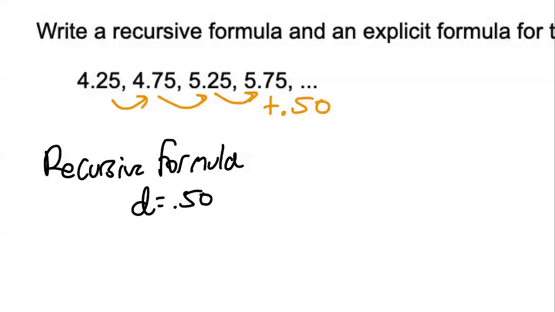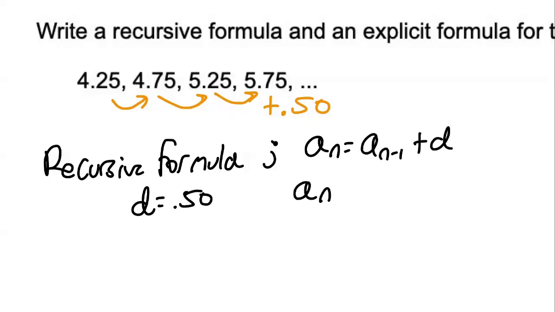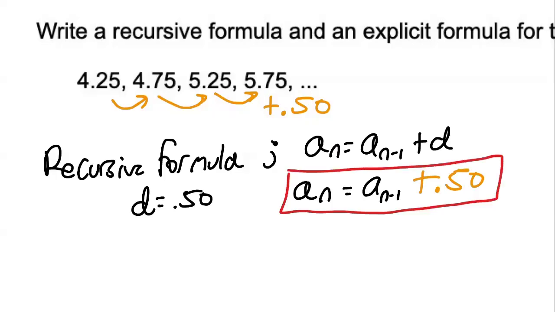So plugging it in, a sub n equals a sub n minus 1 plus d. A sub n equals a sub n minus 1 plus 0.50 or 0.5, and then that would be the answer for the recursive formula.